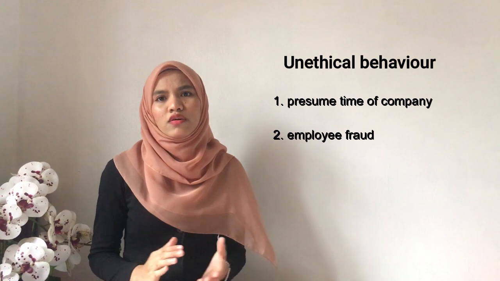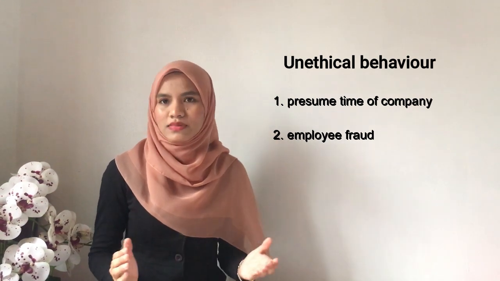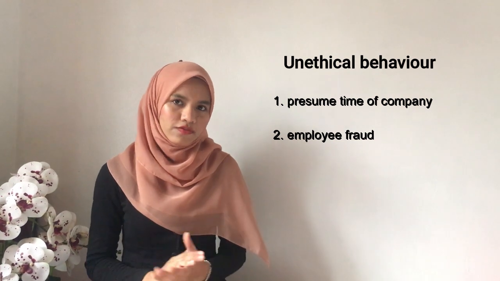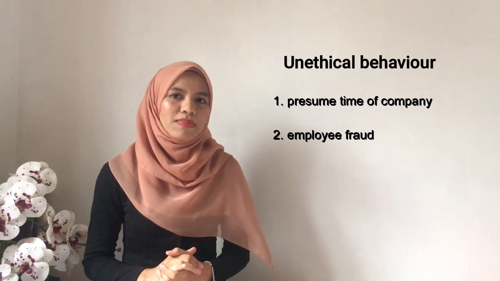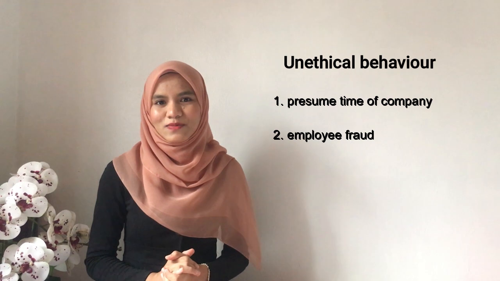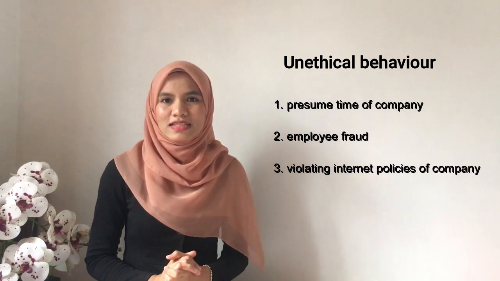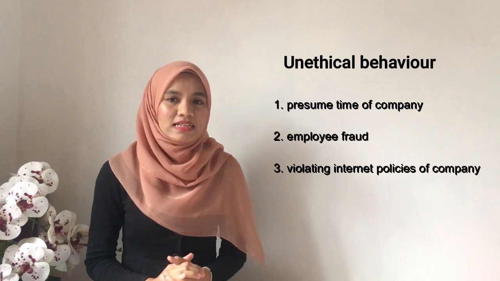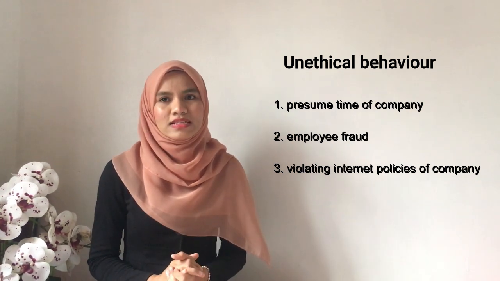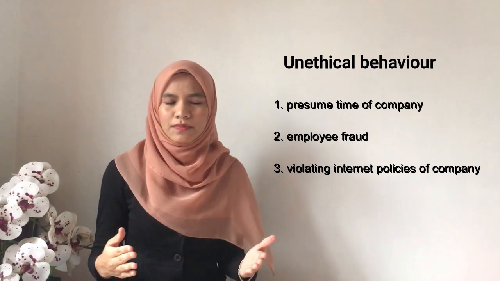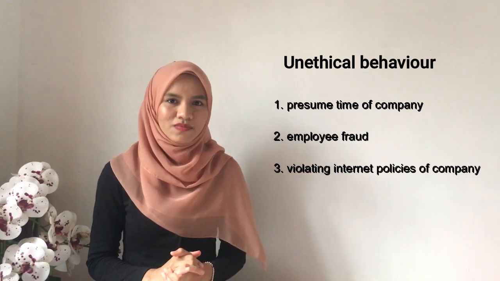Employee fraud is also on the upticks, such as by not recording the sales for their own benefit or manipulating expense reimbursements. Thirdly, violating internet policies of the company. An example is employees visiting other websites which are not relevant to the scope of their job during their working time.